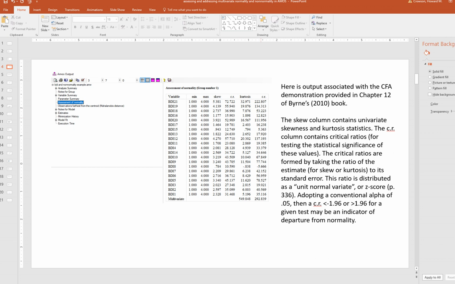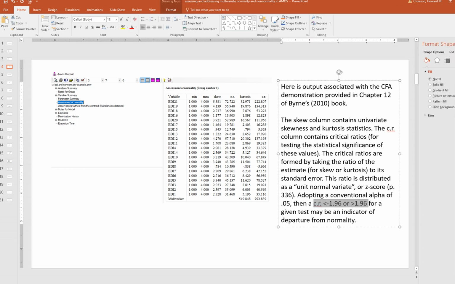So I'm just going back to look at my slide right here. This is just refreshing you that the critical ratio column values are basically z values, and so you can use the threshold for 0.05 for testing significance of skewness or kurtosis at the 0.05 level. Just look for a critical ratio that falls between -1.96 and positive 1.96.